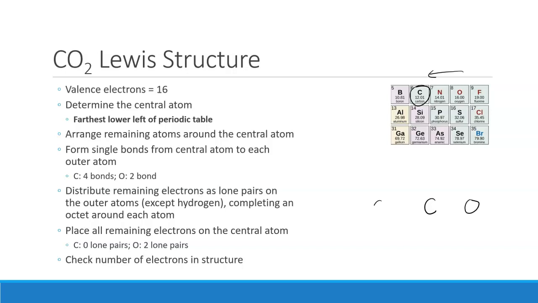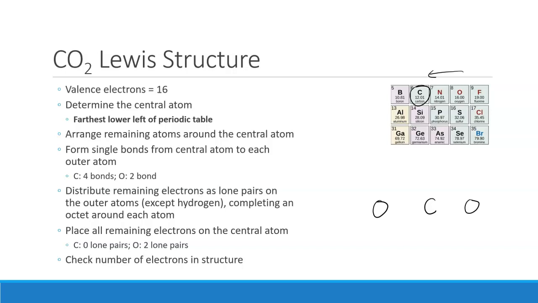I'm going to place 2 oxygens on either side of the carbon, instead of clockwise, because carbon doesn't have any lone pairs. When I only have 2 atoms and no lone pairs on the central atom, it is best to place them on opposite sides.